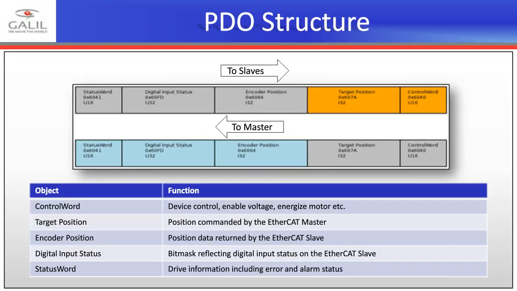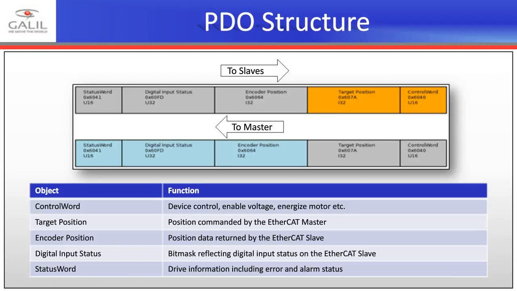A little more fine-grained idea of what the PDO will look like. This is an example from our EtherCAT master, the information that we will send back and forth to the EtherCAT drives on the network on every cycle. And so each drive sees a control word which tells the drive whether to servo the motor or turn off the motor, a number of different functions.